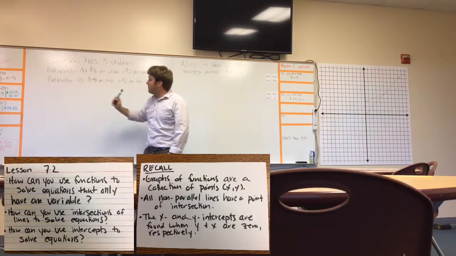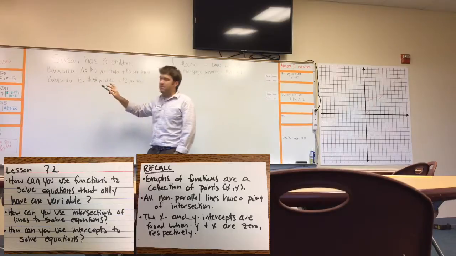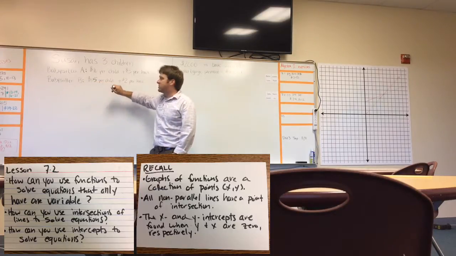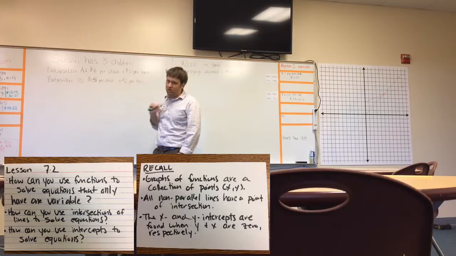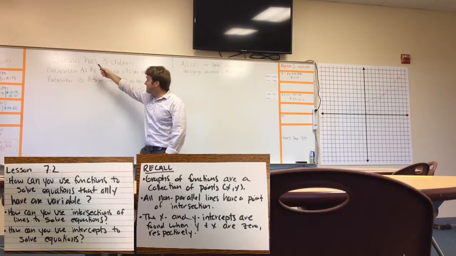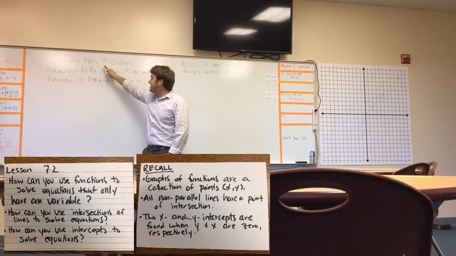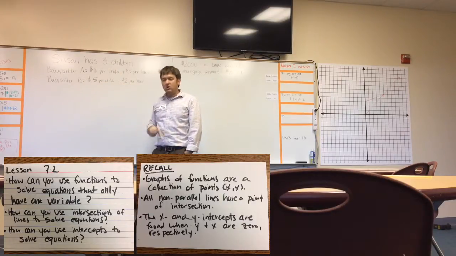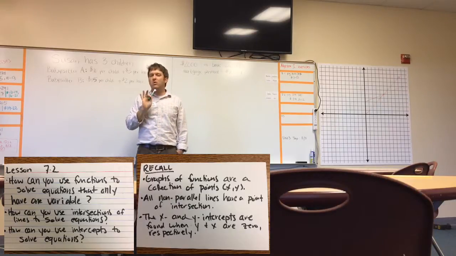Then Babysitter B has a similar pricing structure. This babysitter charges $15 per child and $2 per hour. So in the case of Susan, who has 3 children, it'd be 15 times 3 children plus $2 per hour. So the question is, when will the 2 babysitters cost the same?